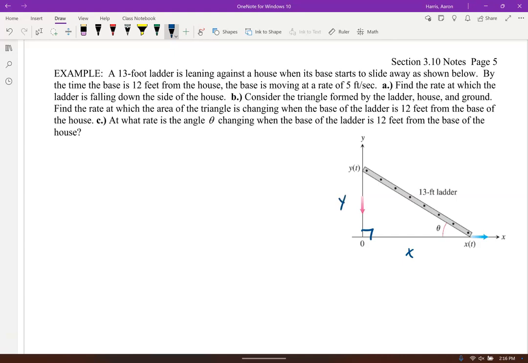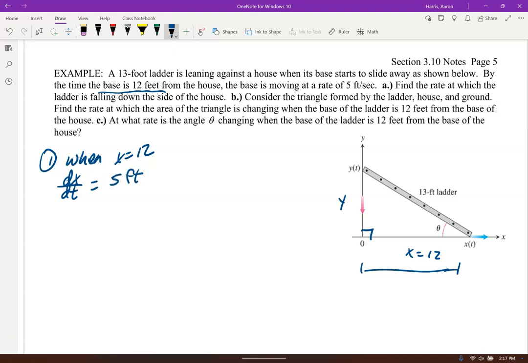So when x is 12, when it's 12 feet from the house, from here to here, the base is moving, dx/dt is 5 feet per second.